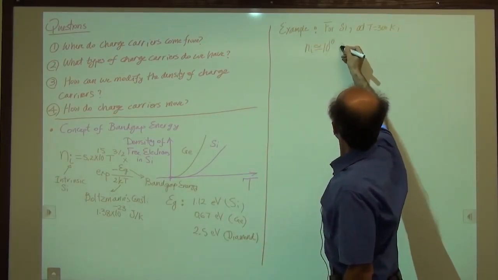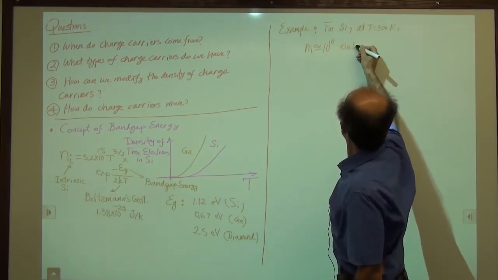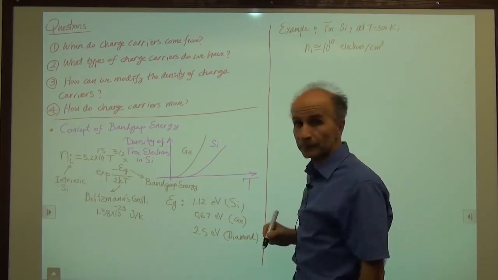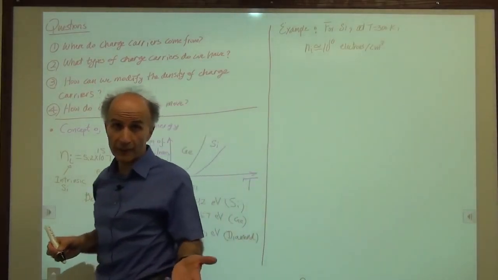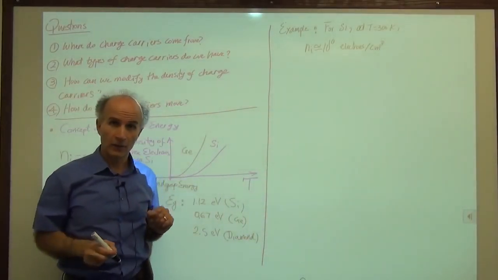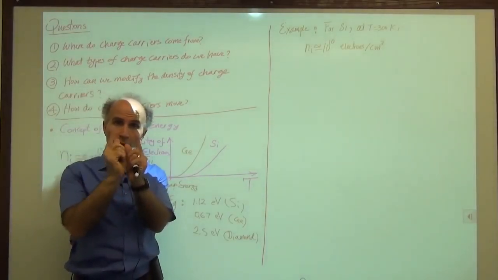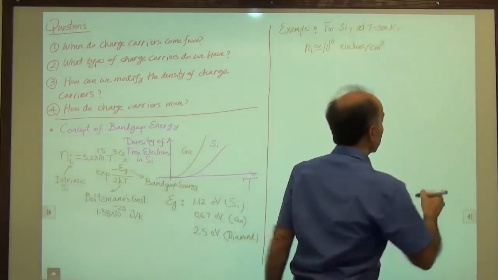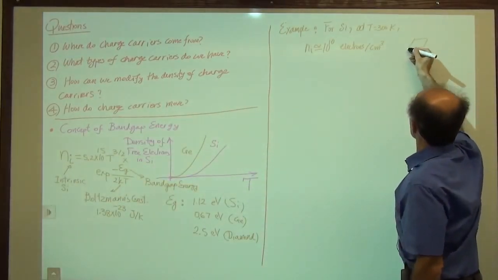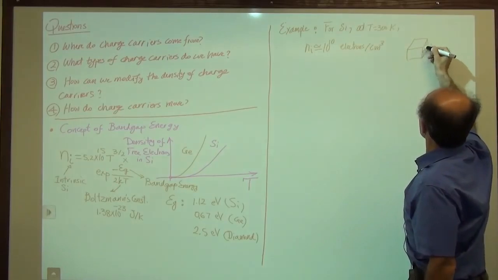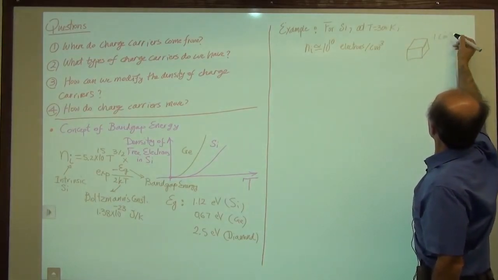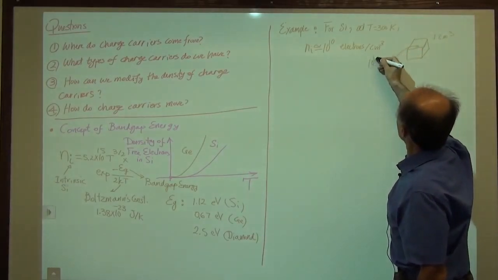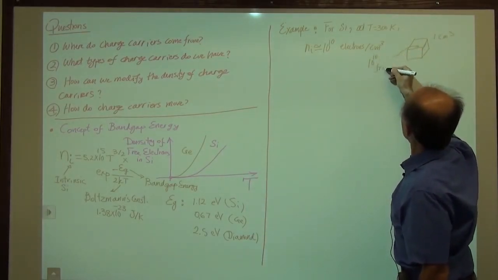10 electrons per cubic centimeter. These are the number of free electrons that we have at room temperature. So if we take a 1 centimeter by 1 centimeter by 1 centimeter piece of silicon crystal, as I showed you before, so this is 1 cubic centimeter, then inside here we have 10 to the 10 free electrons.